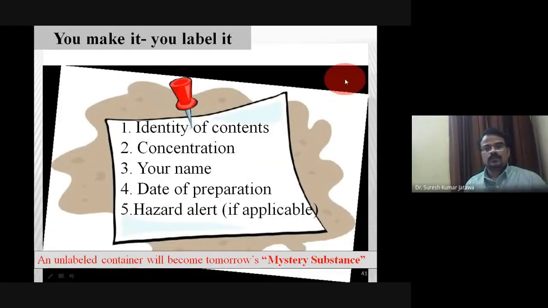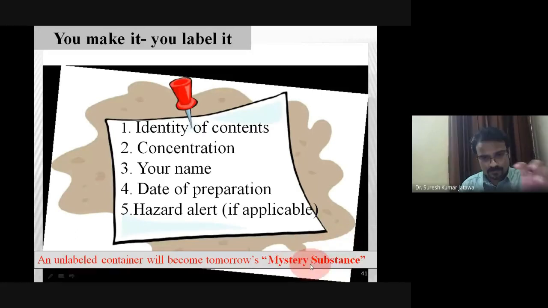Once you have prepared your solutions in your desired concentration or volume, develop a good habit while working in the laboratory: you make it, you label it. Why? Because unlabeled containers will become tomorrow's mystery.